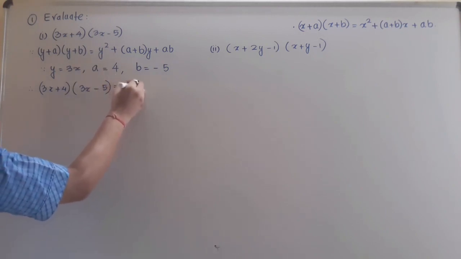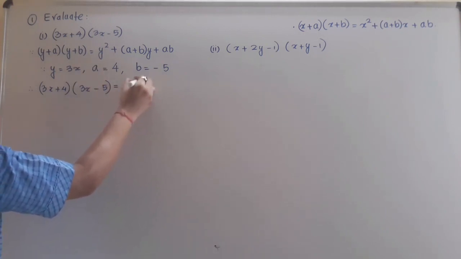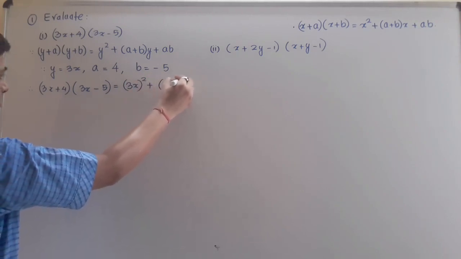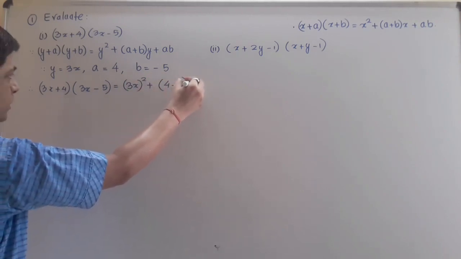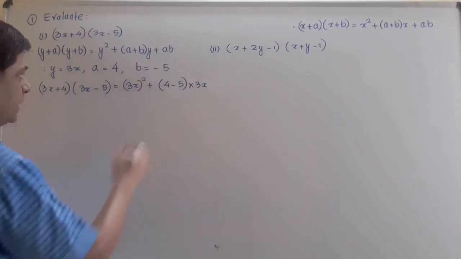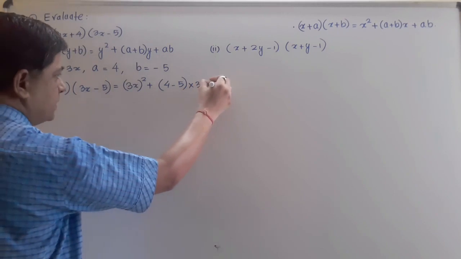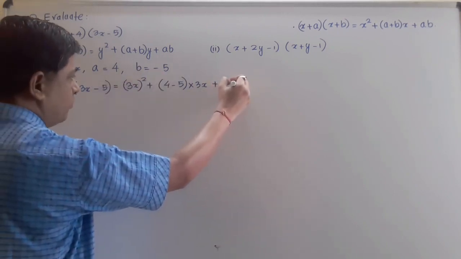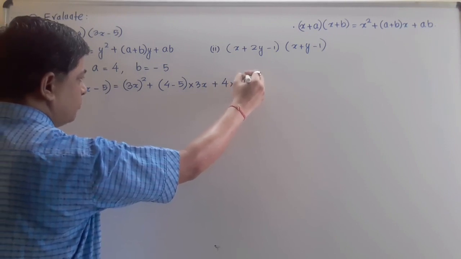So that will be (3x) whole power 2 plus (a plus b), so 4 minus 5, into the value of y, that is 3x, and then plus ab. So plus ab means a and b we are going to multiply, so 4 multiplied by minus 5.